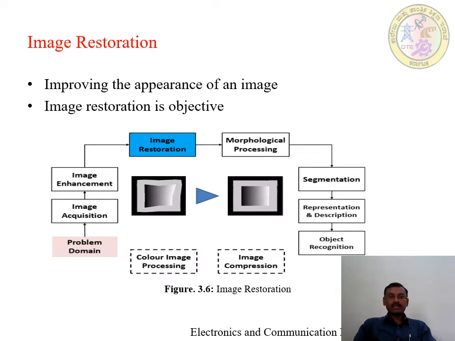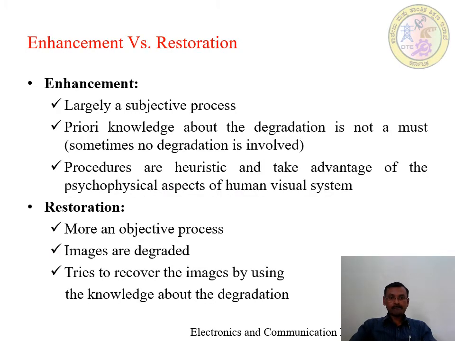The next step is image restoration. Here we are improving the appearance of an image, and basically the image restoration is objective, not subjective. So let's understand the differences between the enhancement and restoration. Enhancement is more or less subjective in nature.